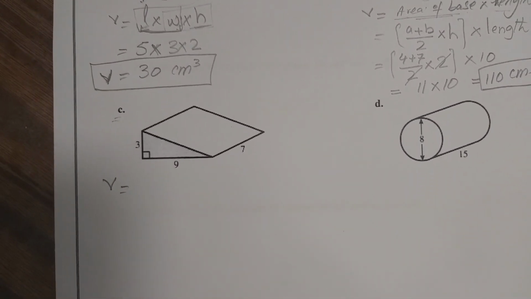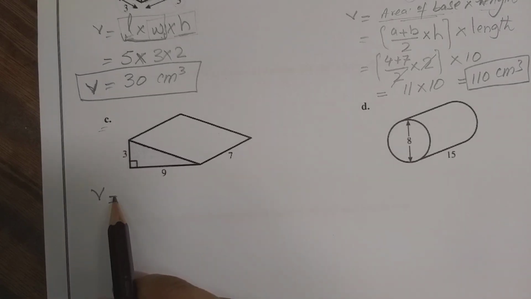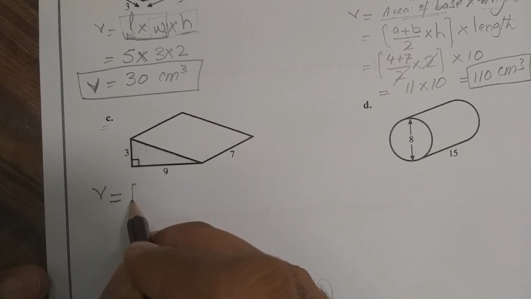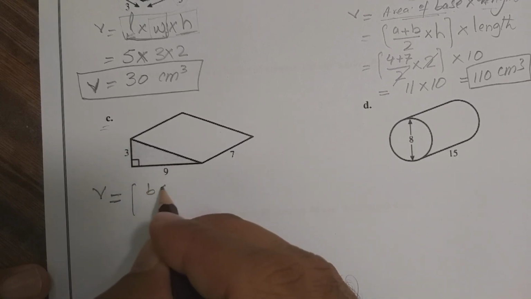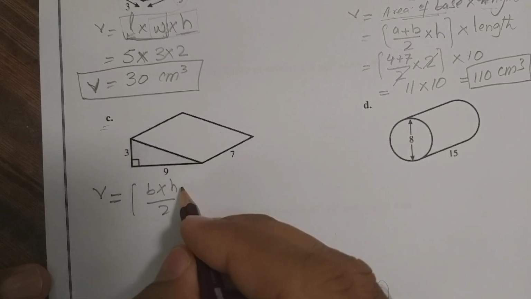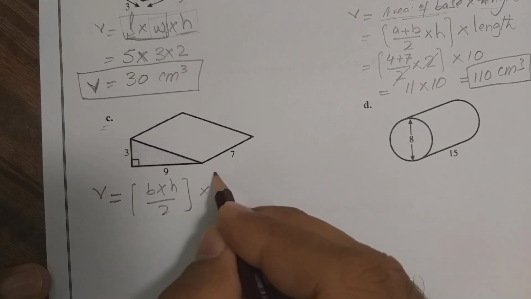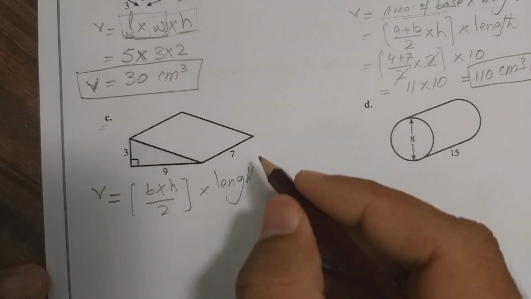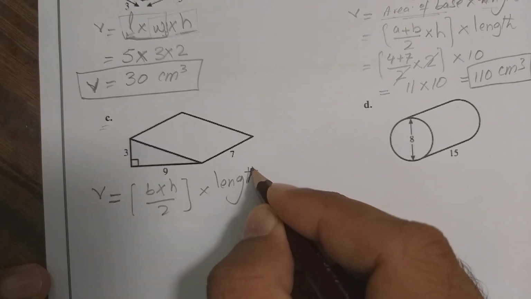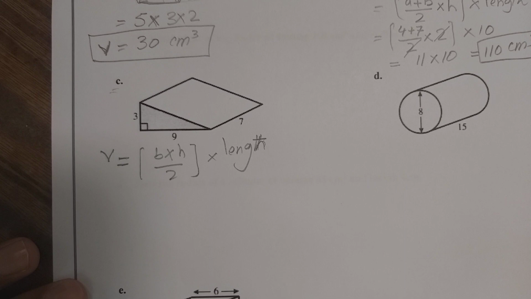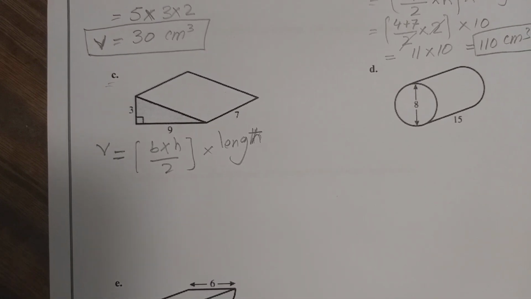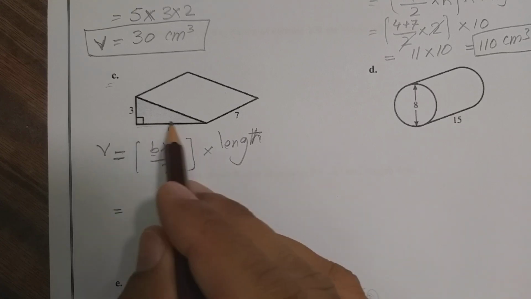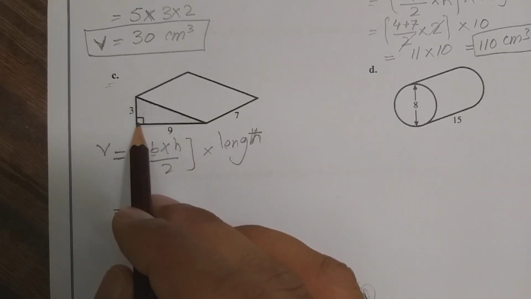So here the prism is given, which has a triangular shape. We know the formula: area of base is base times height divided by 2, times the length. Here we are given the base of this triangle, and this is a perpendicular vertical height, so that's why I use this.